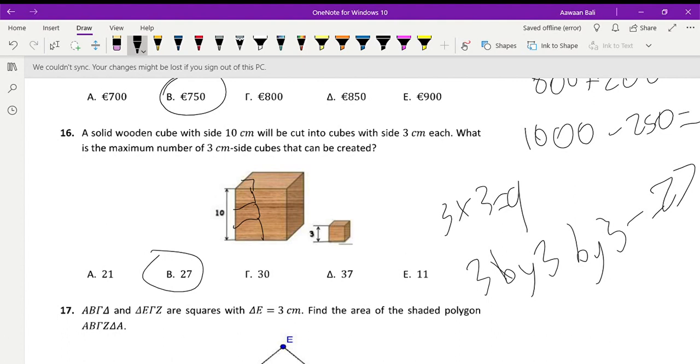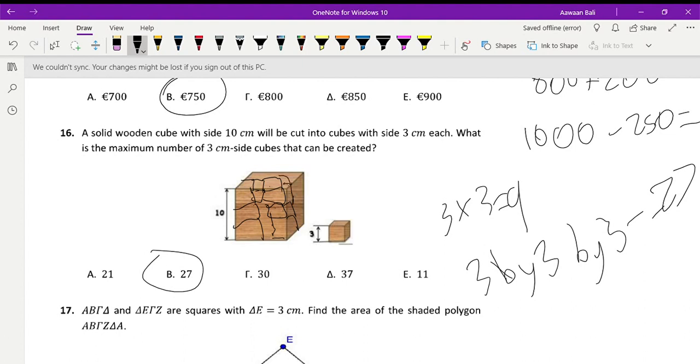We can get 27 cubes, because you can fit another 3 cubes on this edge, and another 3 cubes on this edge, and it goes on like that.